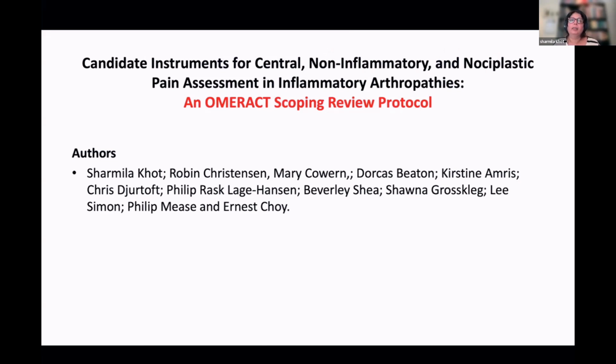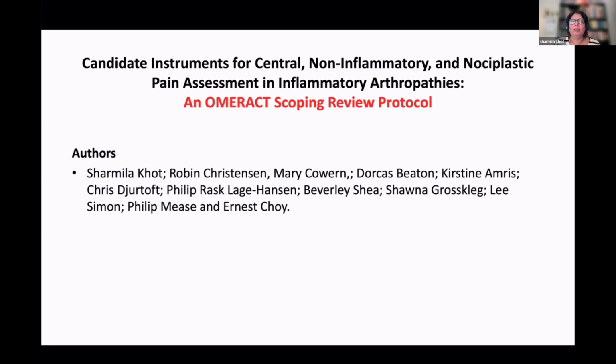So we are focusing on the candidate instruments for this non-inflammatory nociplastic, or previously known as central pain, tools in inflammatory neuropathy for pain assessment.